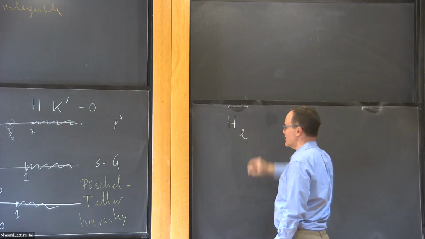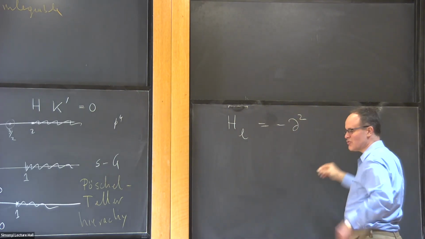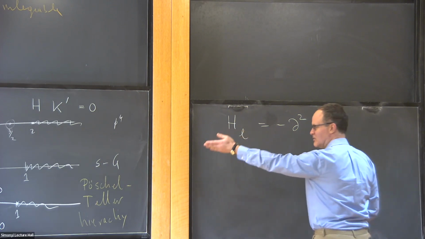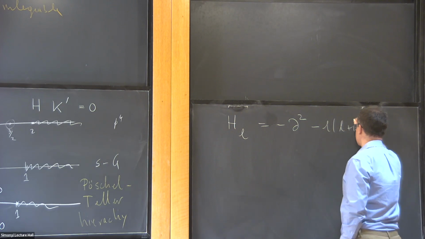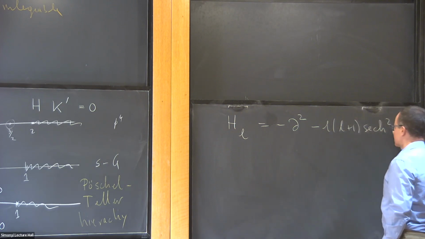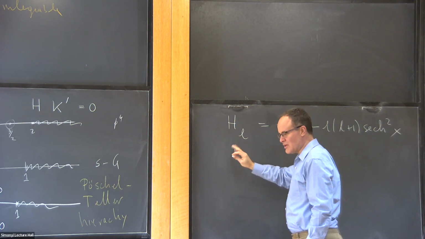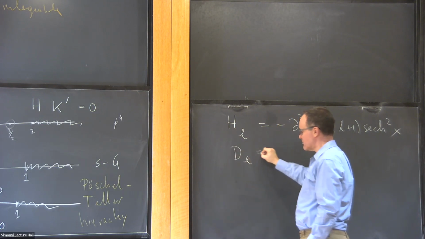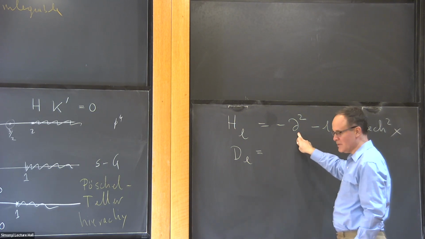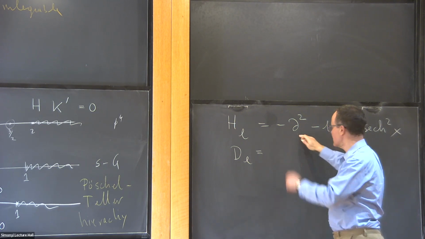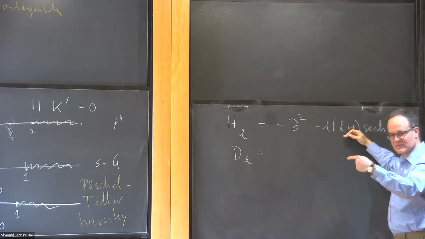It's of the form HL. It's minus del squared. I don't need to shift the spectrum by adding the constant. I'll just do this, minus L times L plus 1, sech squared x. And now the magic here is that if you introduce a first order operator, a family of them, you can conjugate this to the case of 0 potential by a bunch of first order differential operators.